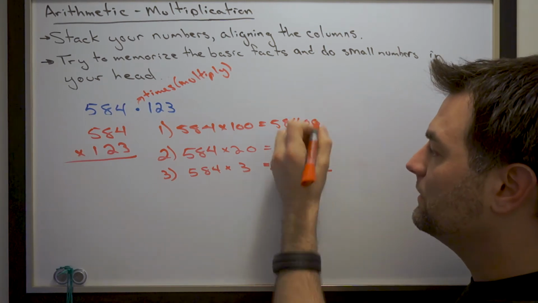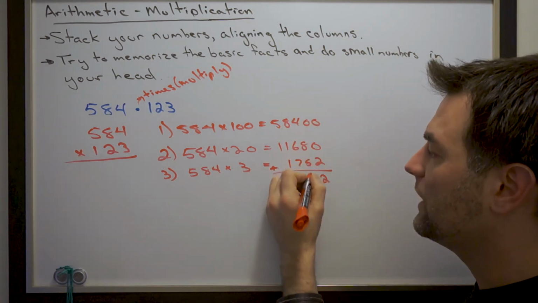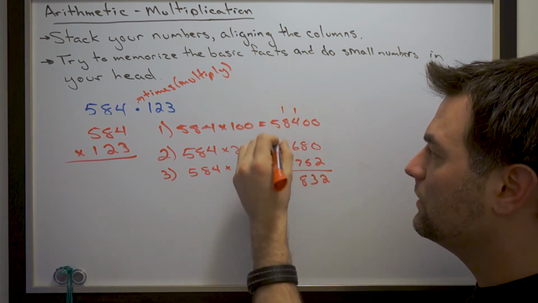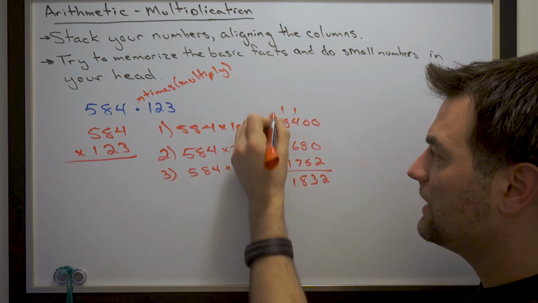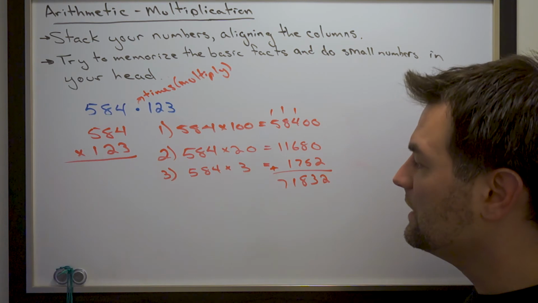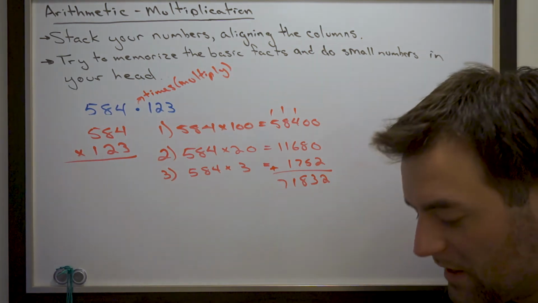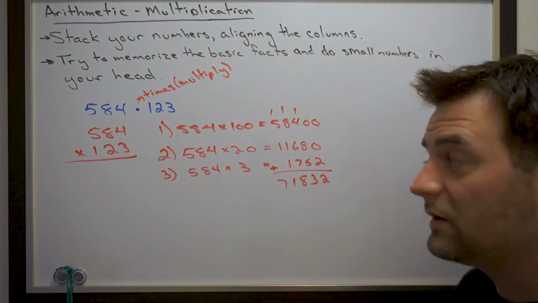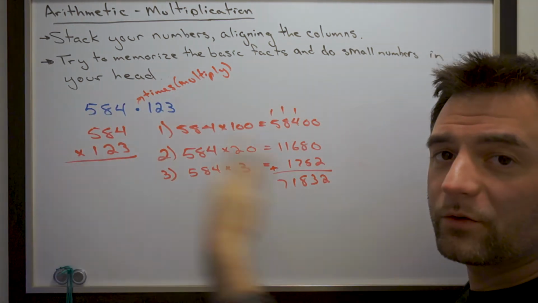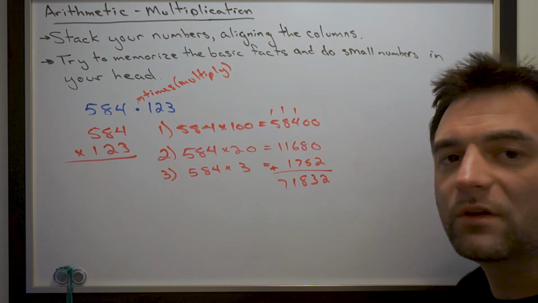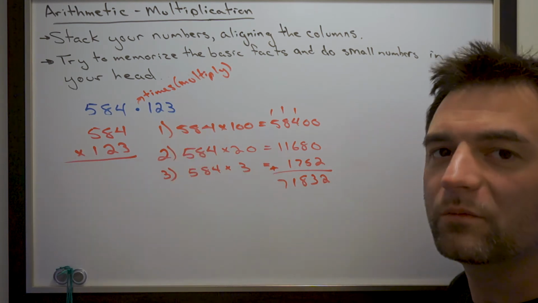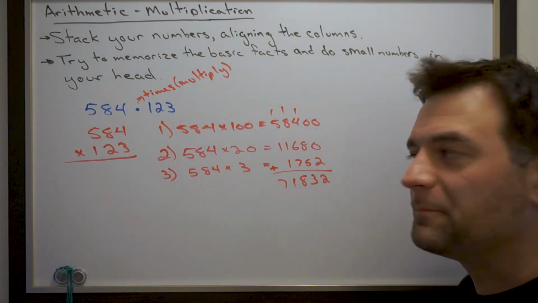So add these up, and we got a 2, we got a 3, we got an 8, we got an 11, and we have a 7. So we got 71,832 as a result here. And again, whether you go left to right or right to left with multiplication, you're going to get the same result. Again, I just find it's easier if you can do it in your head going this way. And the more you do it in your head, the more effective you're going to be.